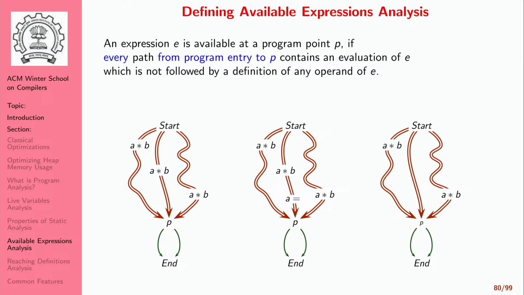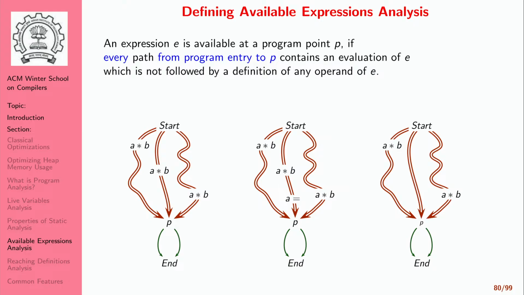In case of liveness analysis, liveness was generated by a use of a variable which was not preceded by a definition. In case of available expressions analysis, availability is generated by evaluation of an expression which is not followed by a definition. So you can imagine that available expressions analysis is kind of a forward analysis.